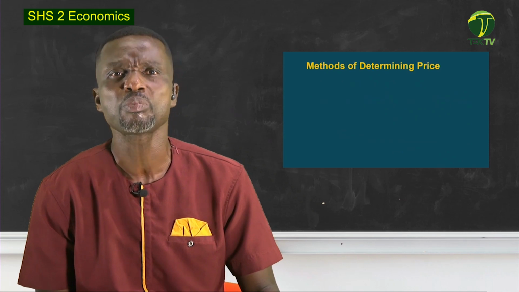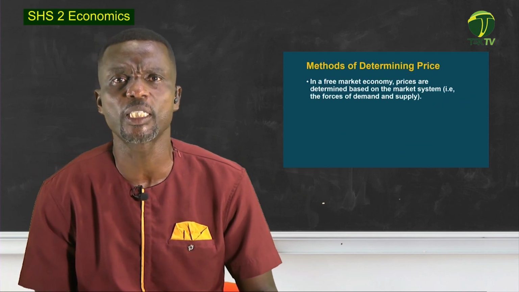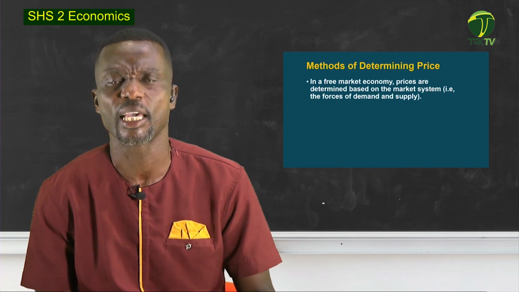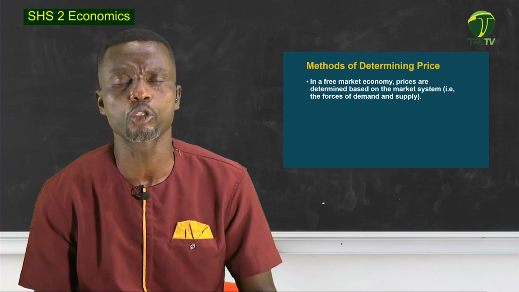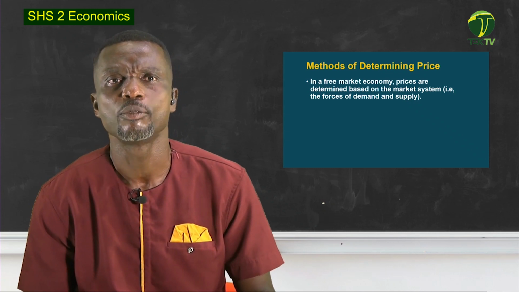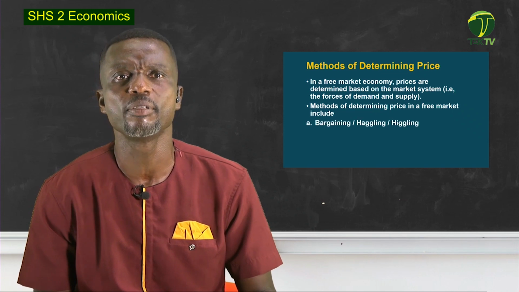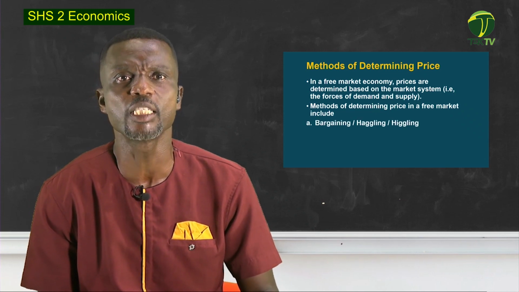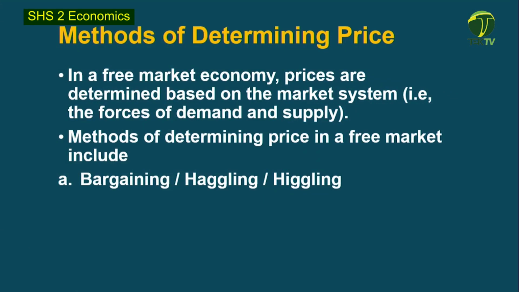Now, in determining price, especially in a free market economy, or in a market where the forces of demand and supply rule, we are going to learn about three methods. These methods include bargaining, also known as haggling.